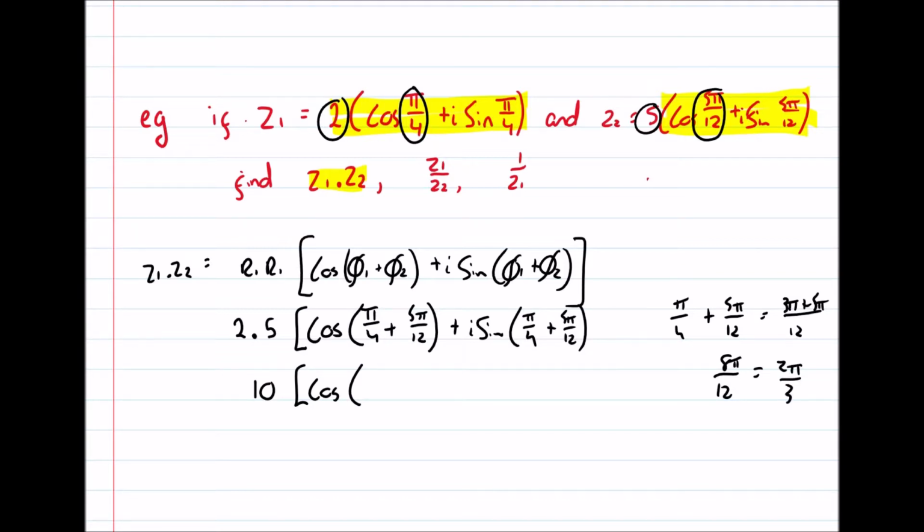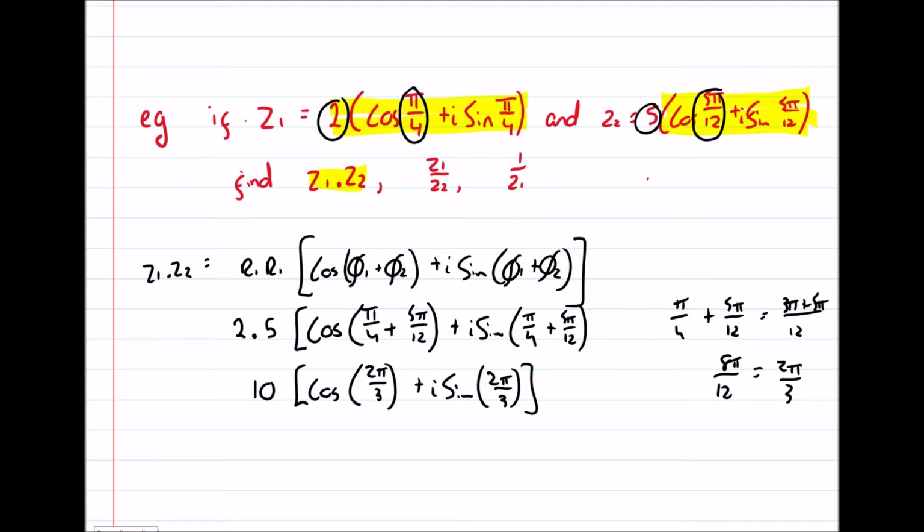Okay? So we have cos 2 pi over 3 plus I sin 2 pi over 3. Okay, so that's it in polar form.